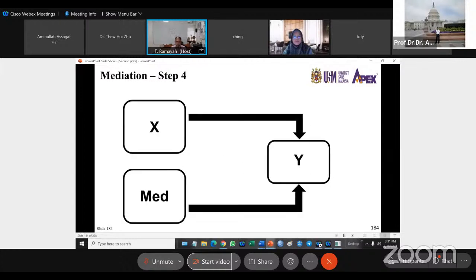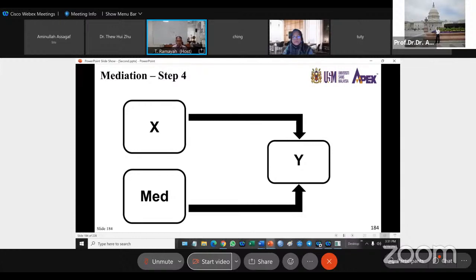We are actually testing 4 different models. When we test many, many times, you run into a problem called type 1 error. That means you will find there's some mediation when there is no mediation. So this 4-step approach has already been criticized. You should stop using this analysis. It is no longer acceptable in good journals.